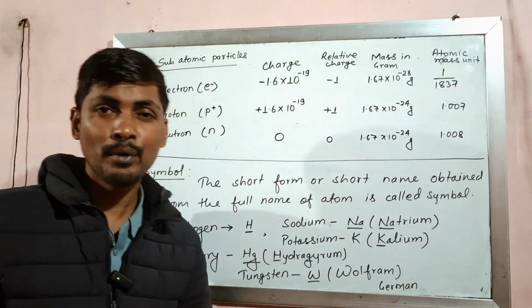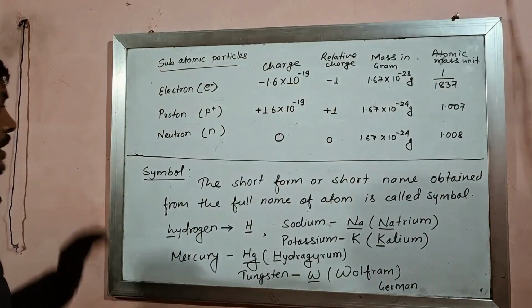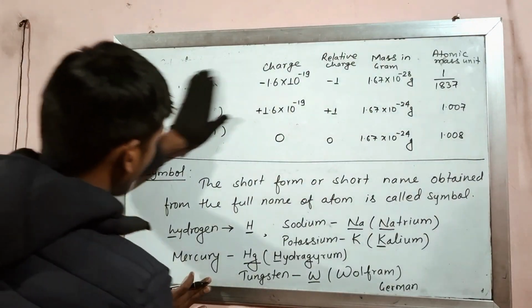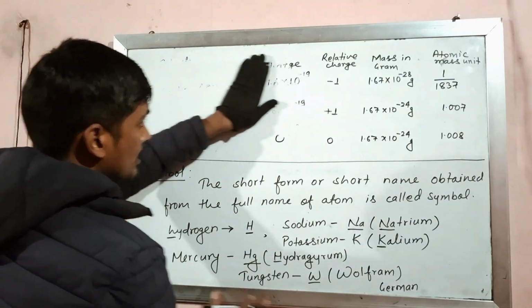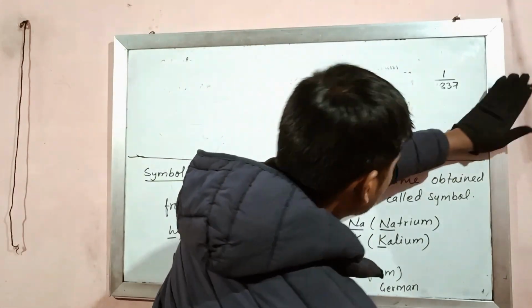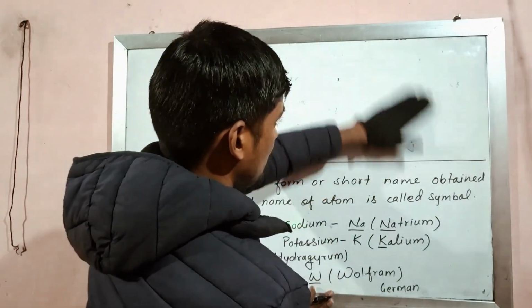So after the symbol of an element, let us talk about the next property of an atom, that is atomic number. What is the atomic number of any atom?